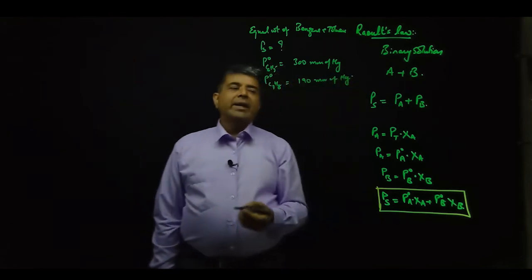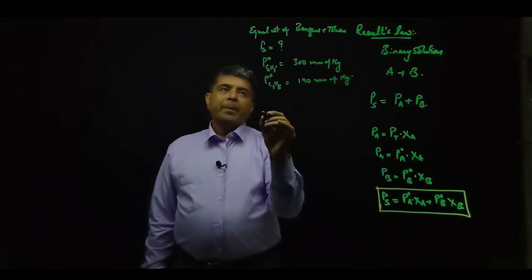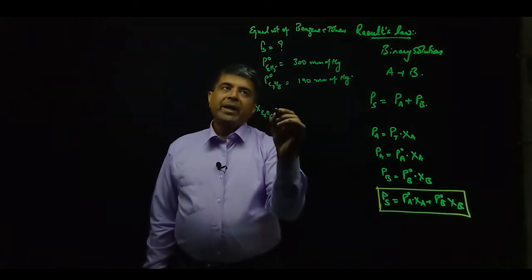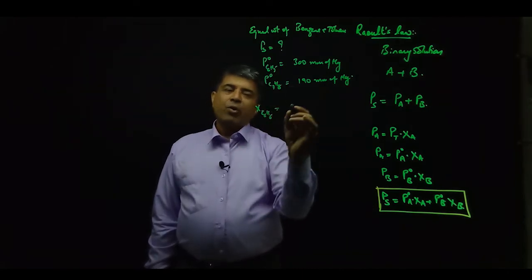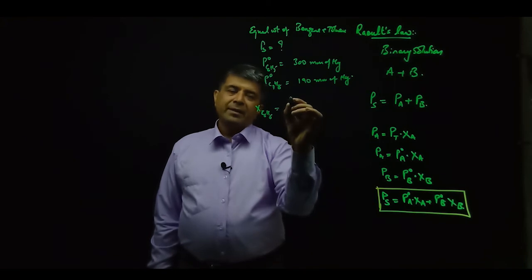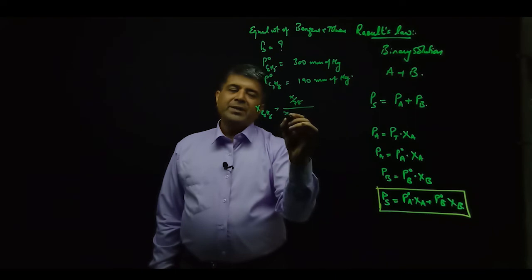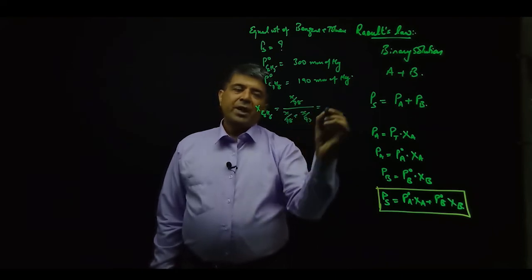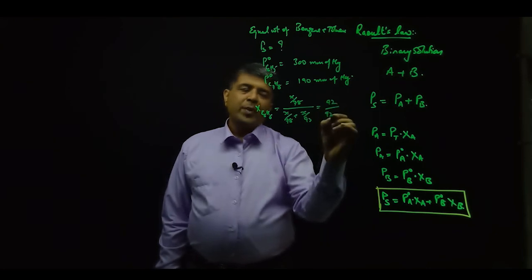So we can calculate the vapor pressure. First would be the mole fraction. So the mole fraction of benzene can be calculated because equal weights are given. So it is (x/78) over (x/78 + x/92), which comes out to be 92 over 92 plus 78.